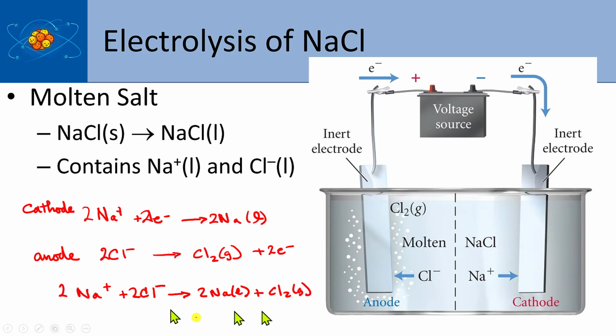So this is your overall cell reaction. Typically there's not a barrier between these two. It's just we're thinking about one half of the cell containing the anode and one half of the cell containing the cathode.